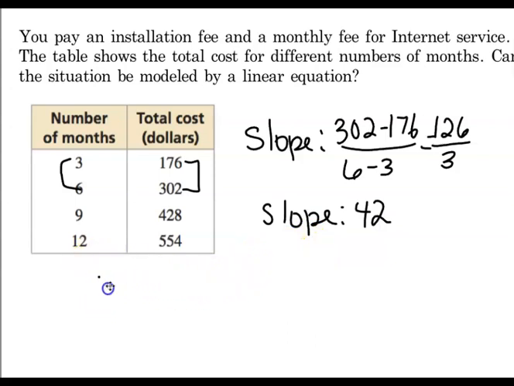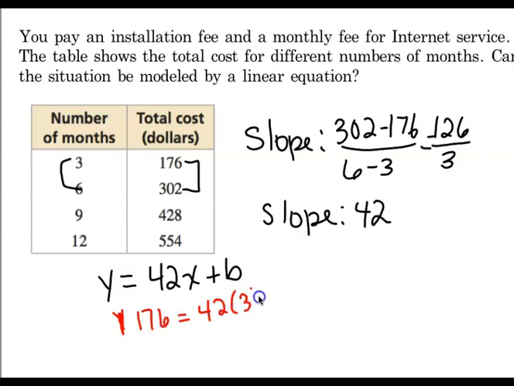So the same thing. I know it's going to be y = 42x + b. I sub in a point. I can just use the first point. So I know I'm going to sub in 176 for y, 42 times 3, and I'm going to solve for b. Well, 42 times 3 is 126. So I get 126 + b = 176.